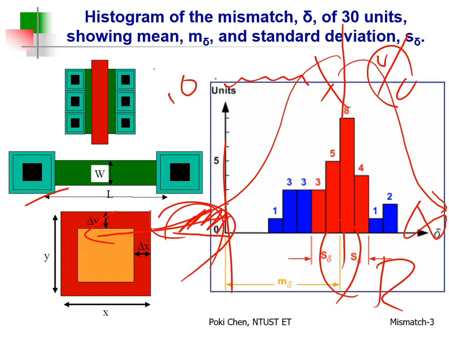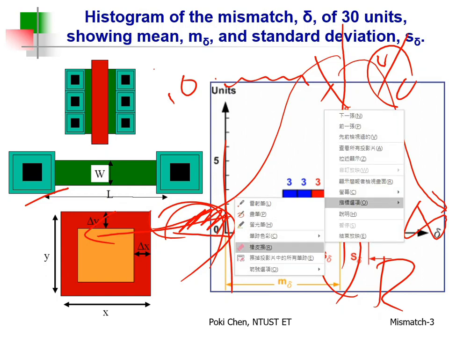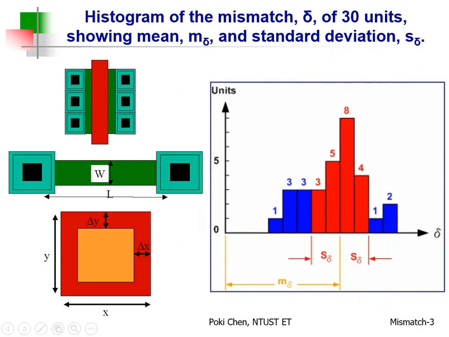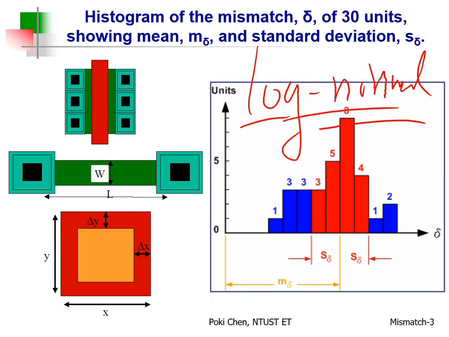If you are so picky about the distribution, allow me to tell you, log normal will be the best for you. But what is log normal? Just Google it by yourself. It is much closer to the truth.